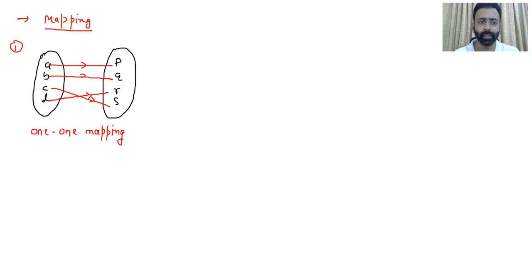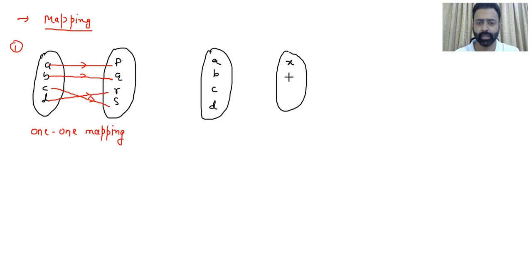The second type of mapping is that we have an input set and an output set, with variables let us say a, b, c, d, and this time x, y and z.